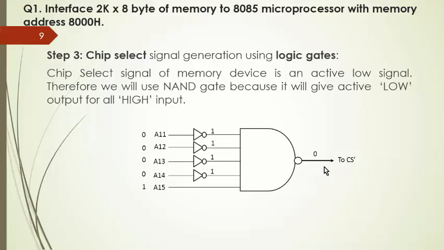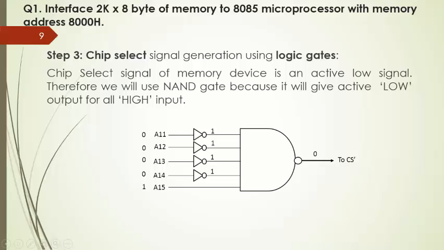So these NOT gates will give you the logic 1 output. So input to this NAND gate, you will get all logic 1s. As all logic 1s are available with the 4 input NAND gate, the NAND gate will give you the active low output signal. Okay, and this signal we are going to connect to the memory IC.